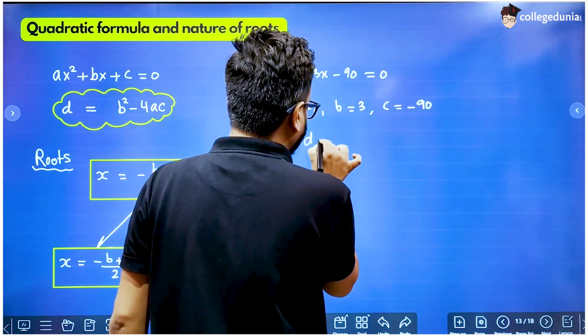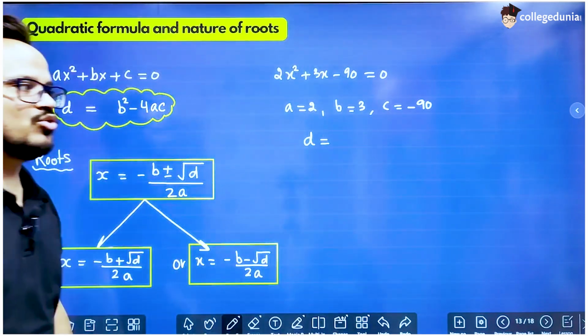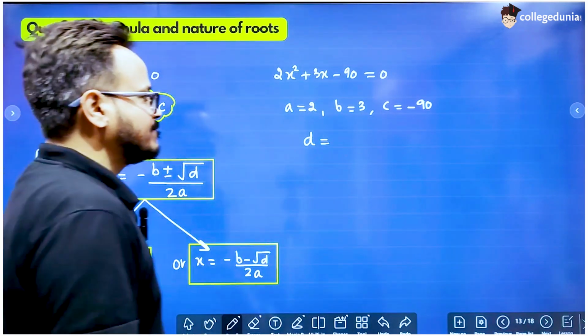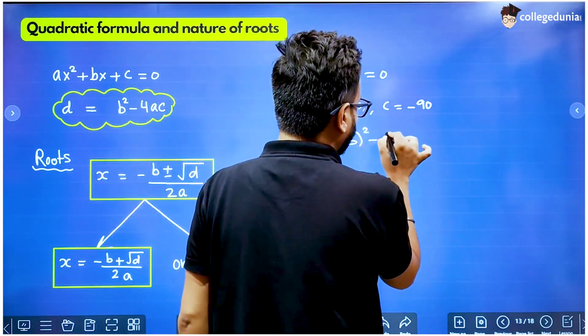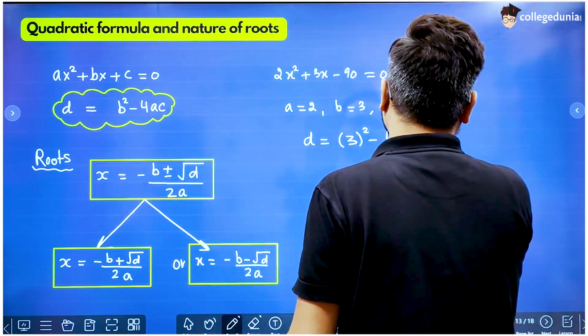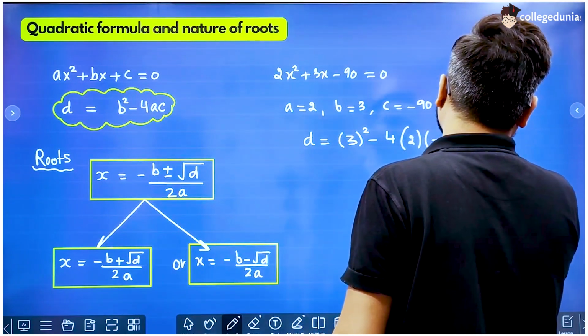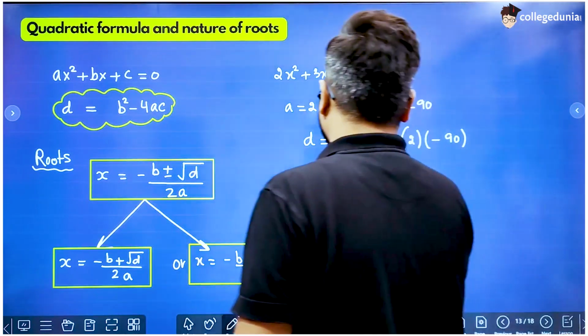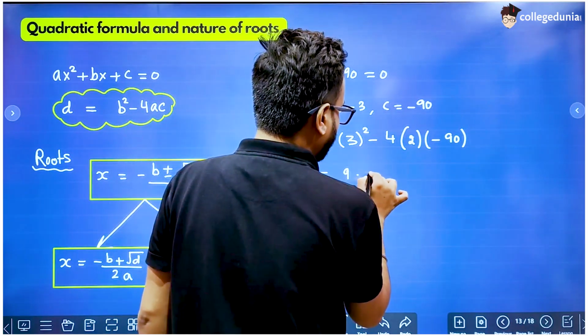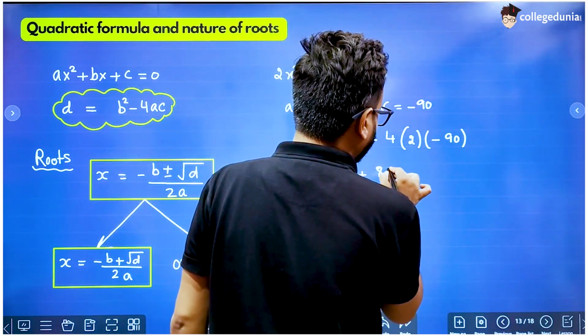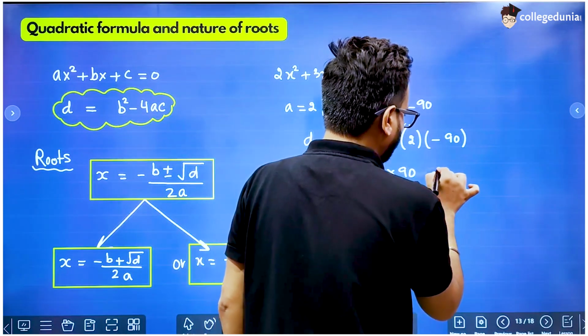Now let's find the discriminant D, which is b square minus 4ac. So 3 square minus 4ac. So D is 9 plus 8 into 90.